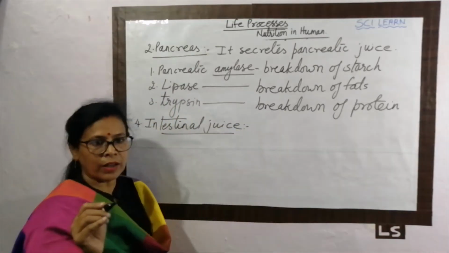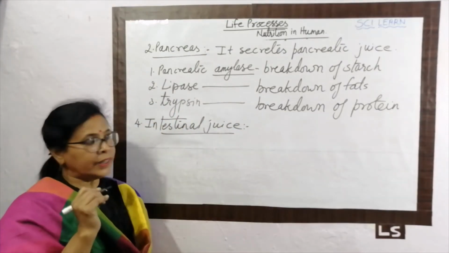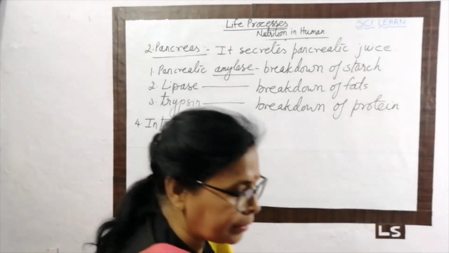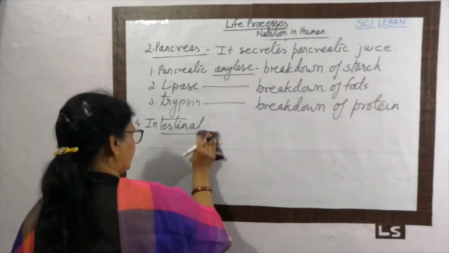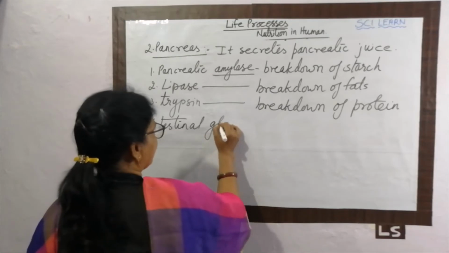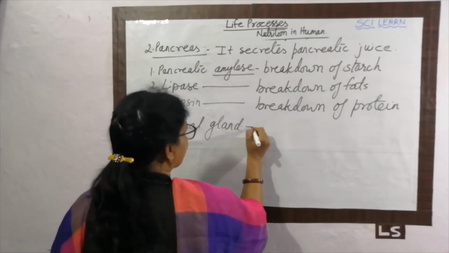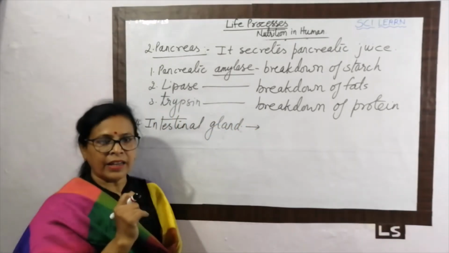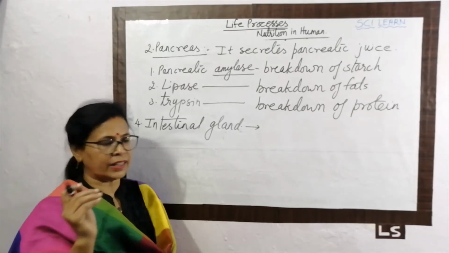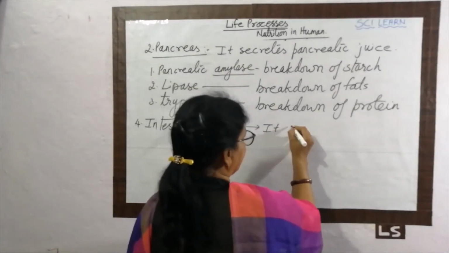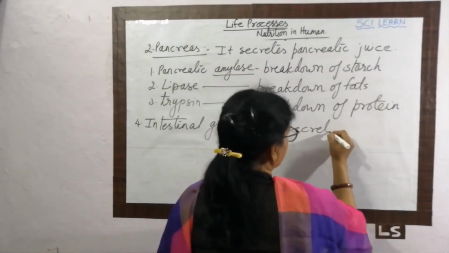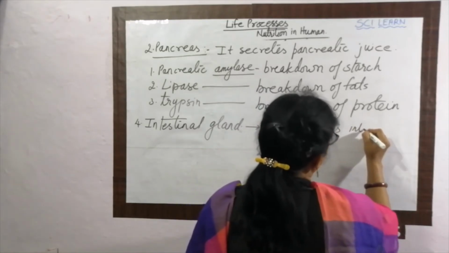It is secreted by the intestinal gland. First write intestinal gland. And what is the secretion of the intestinal gland? It secretes intestinal juice.